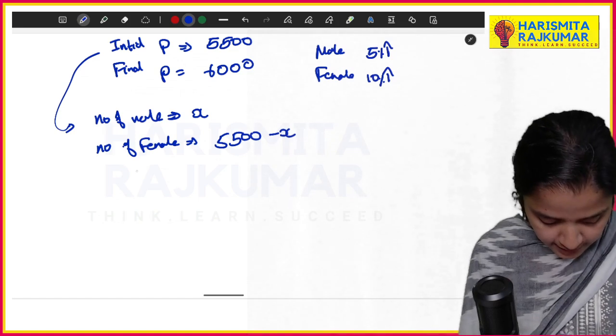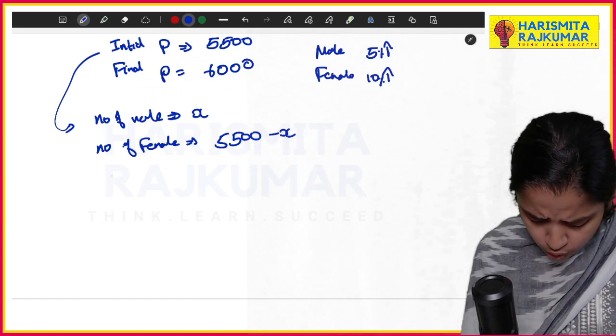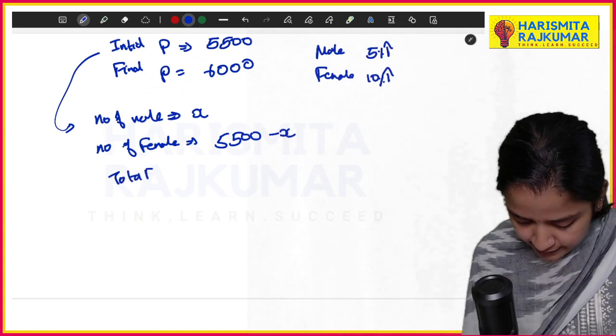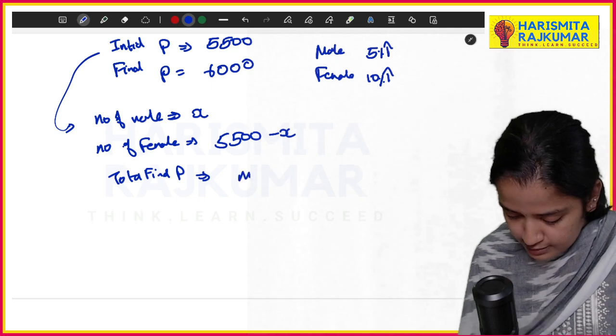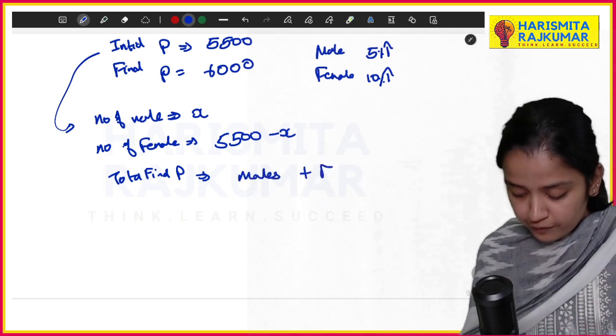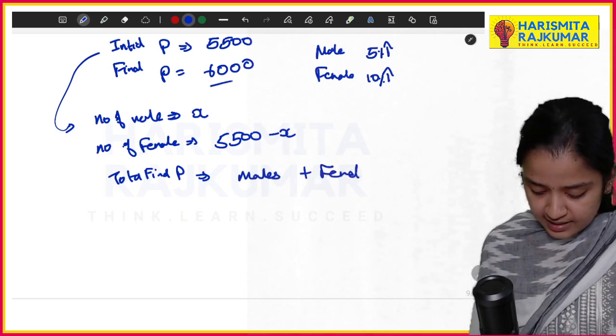Basically, the total final population will be equal to males plus females. Your final population is nothing but 6,000, right?